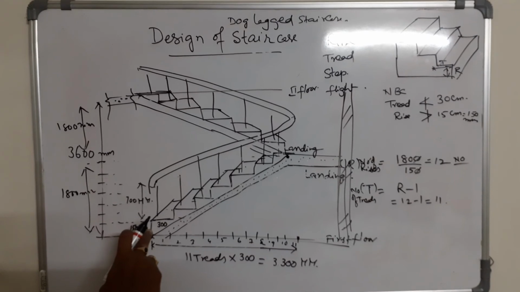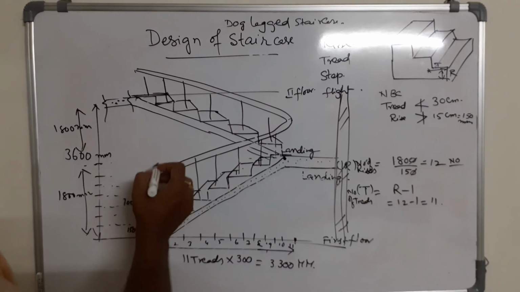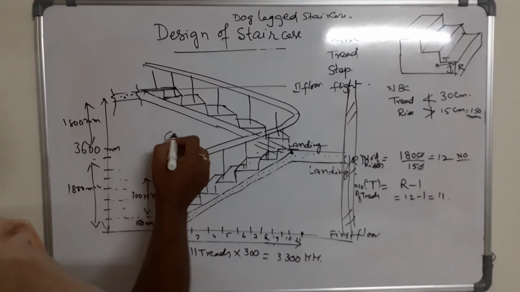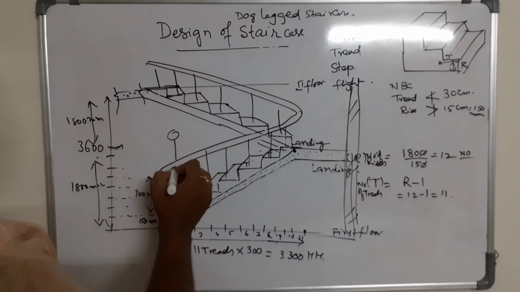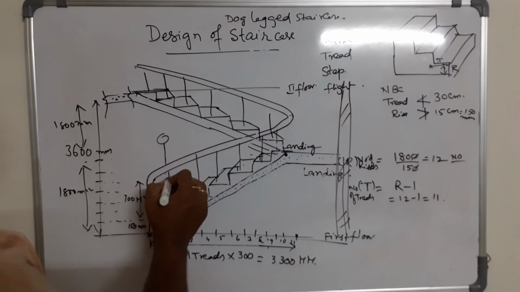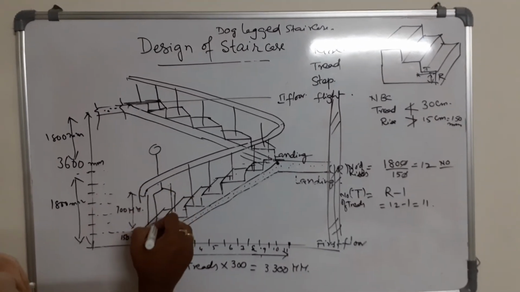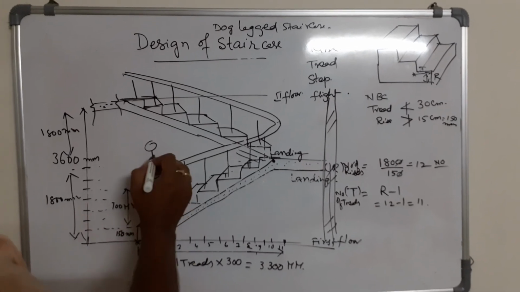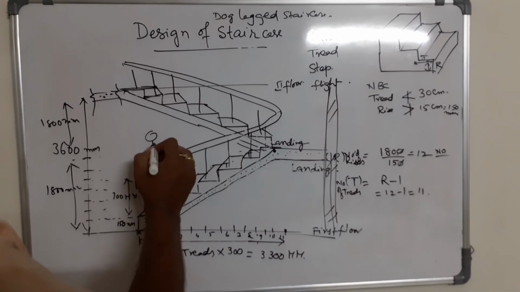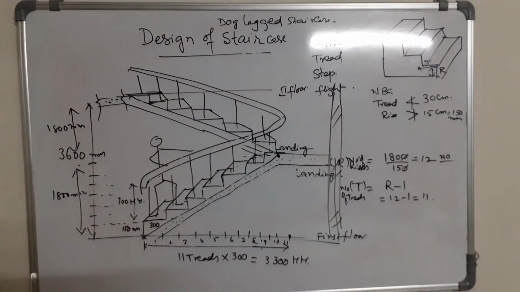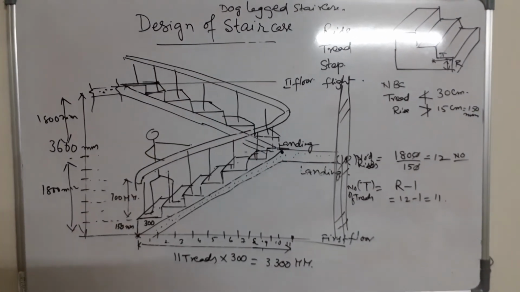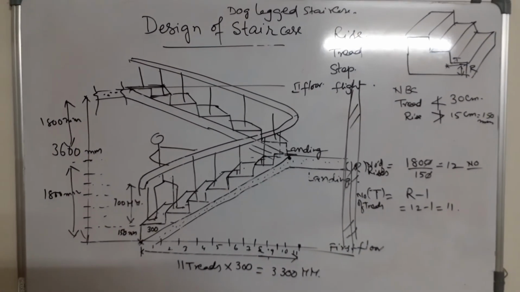So the person can climb the steps easily. Suppose a person is climbing the steps. This is how the dog-legged staircase is going to be designed. Thank you.